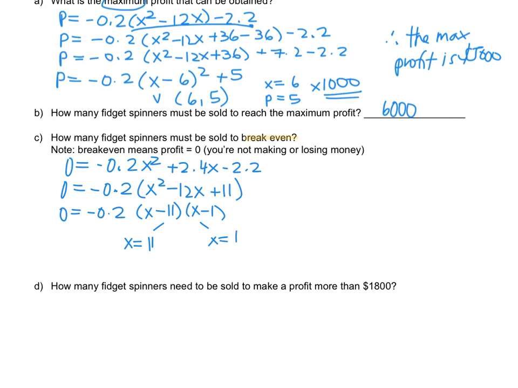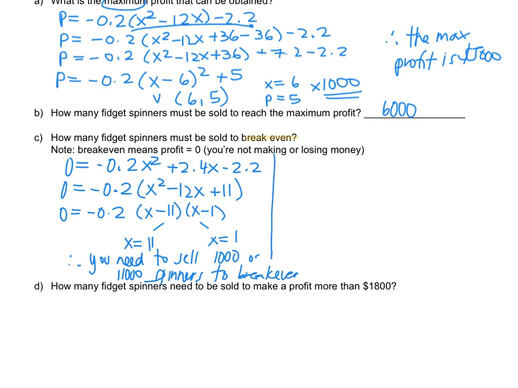That means you need 1,000 or 11,000 spinners to be sold. Therefore, you need to sell 1,000 or 11,000 spinners to break even.